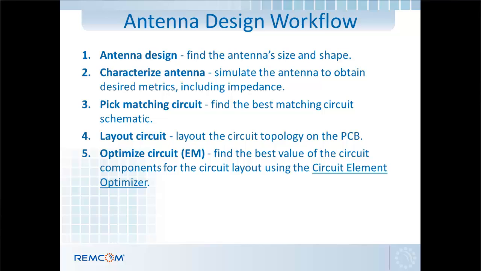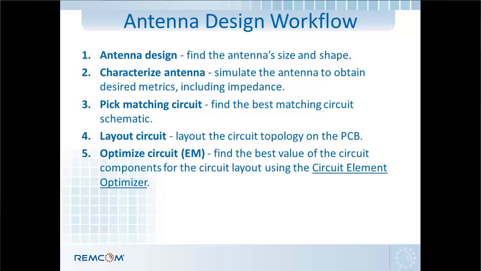Once you have that, you then actually build it out. So you go back into your layout tool, you build in all of the copper traces, and you plug in the components. And so you actually lay out the matching network topology on the PCB. Once you have that, then you're going to have to go in and determine what those final component values are.